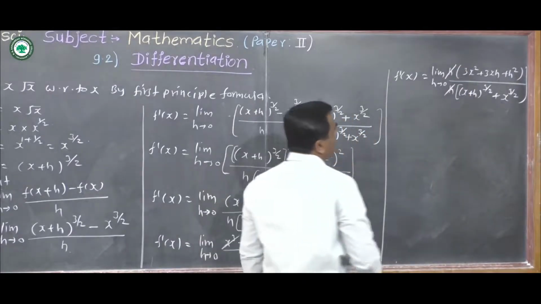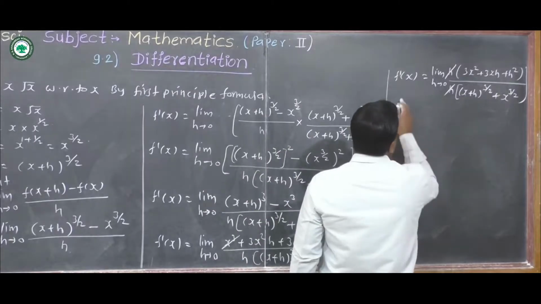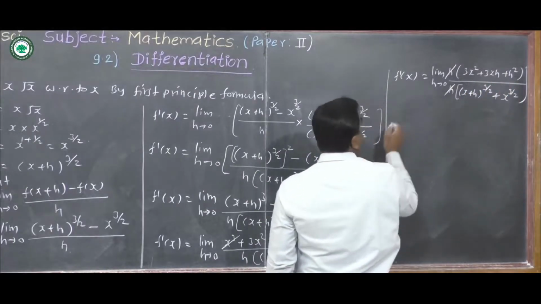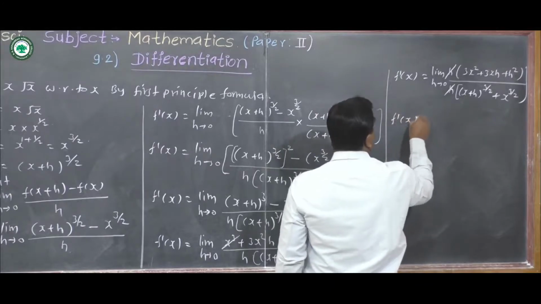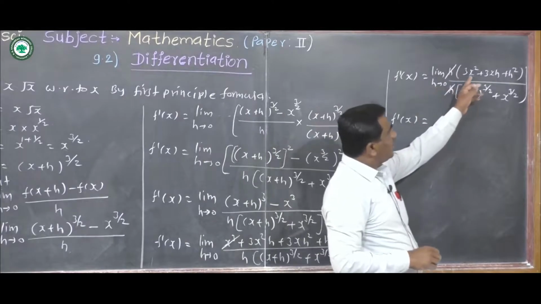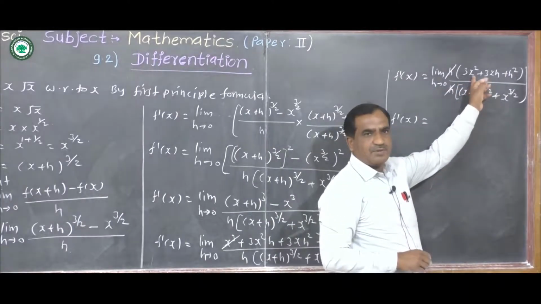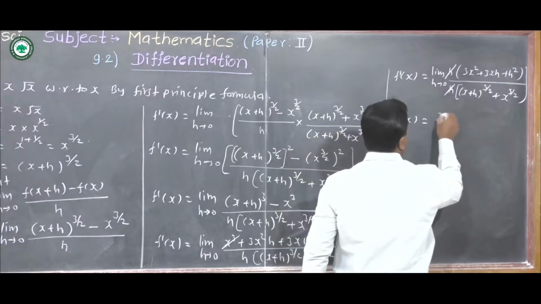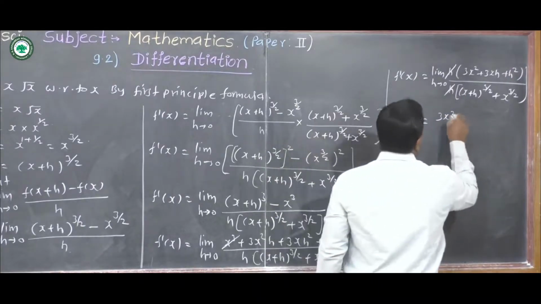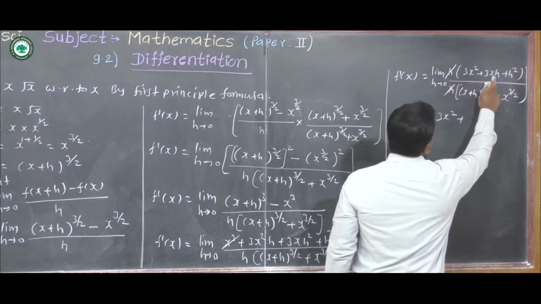So take a separate limit for each term here at the numerator and at the denominator also. That is, f dash of x is equal to limit h tends to 0, 3x square is a constant term, the limit of a constant term is the constant term, so we can write here 3x square plus limit h tends to 0, 3x into h.